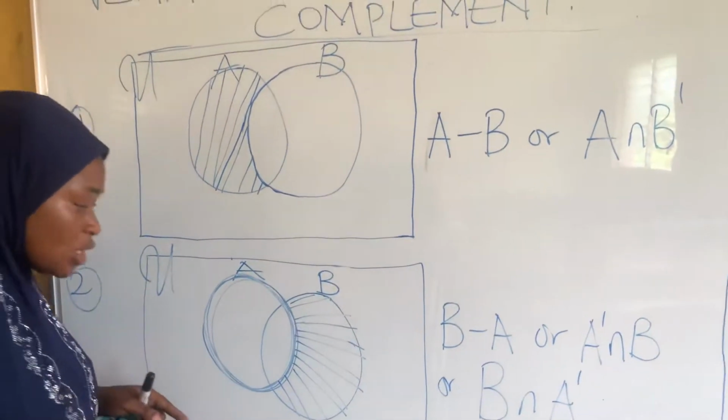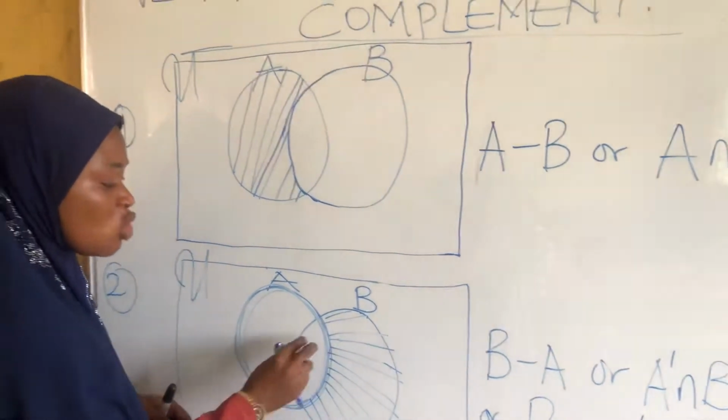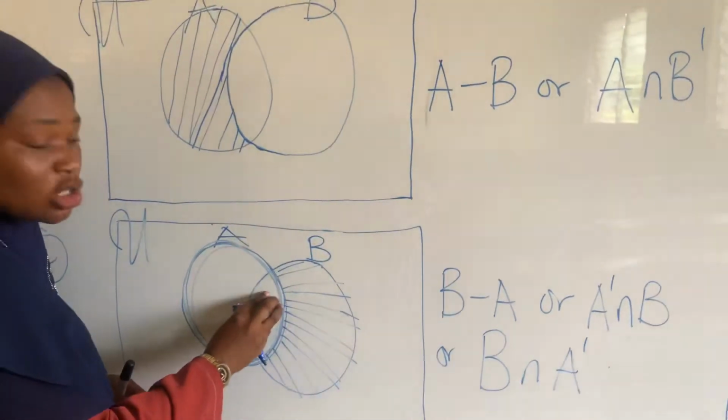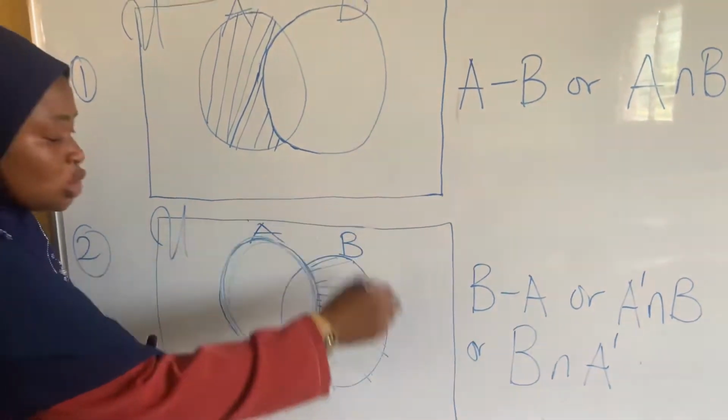So if it is figures that they give you, that means you have to subtract the intersection from any value given to you.